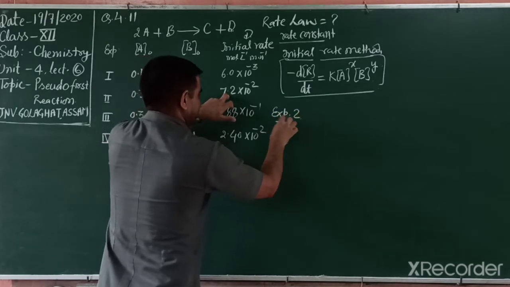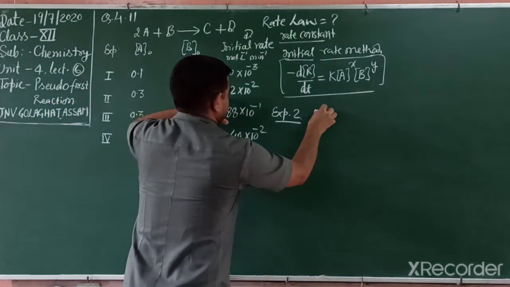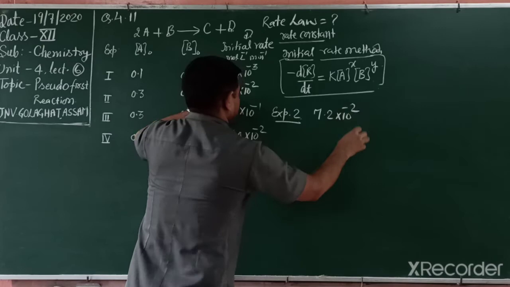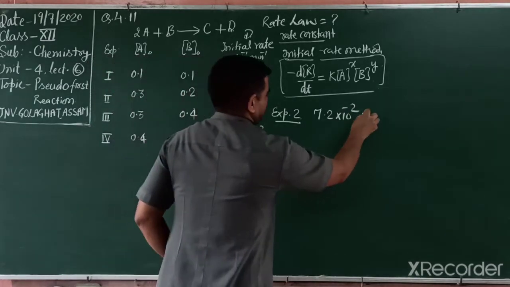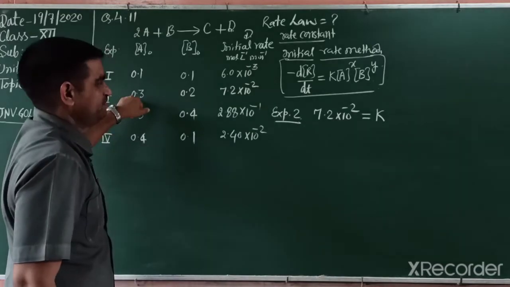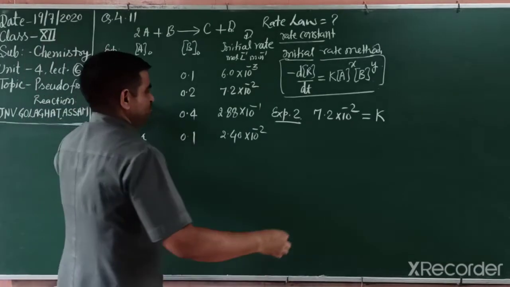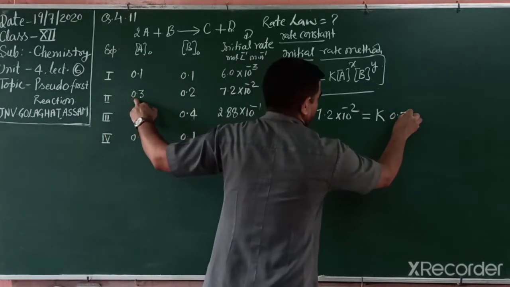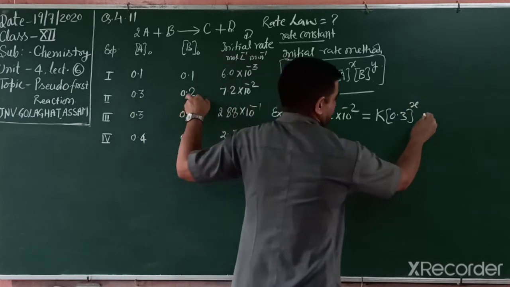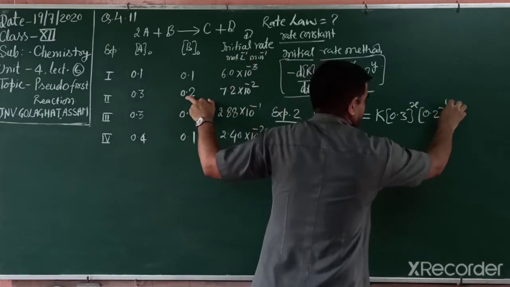For experiment 2, first we write the rate of formation, that is 7.2 into 10 to the power minus 2, equal to K, concentration of reactant A given in the second experiment 0.3 power x, and concentration of B also given, 0.2 power y.